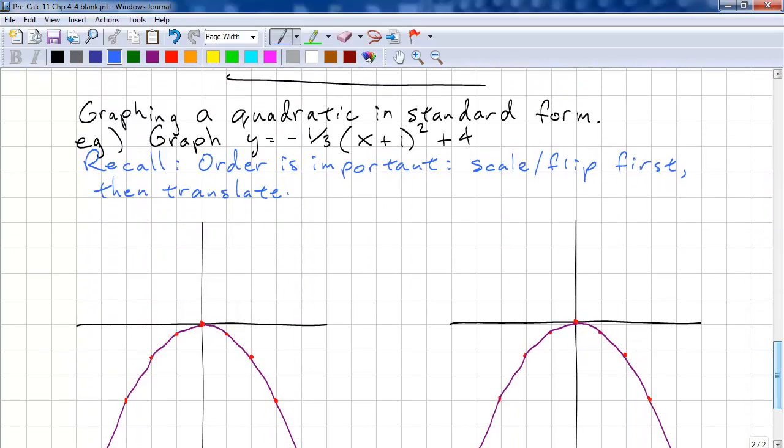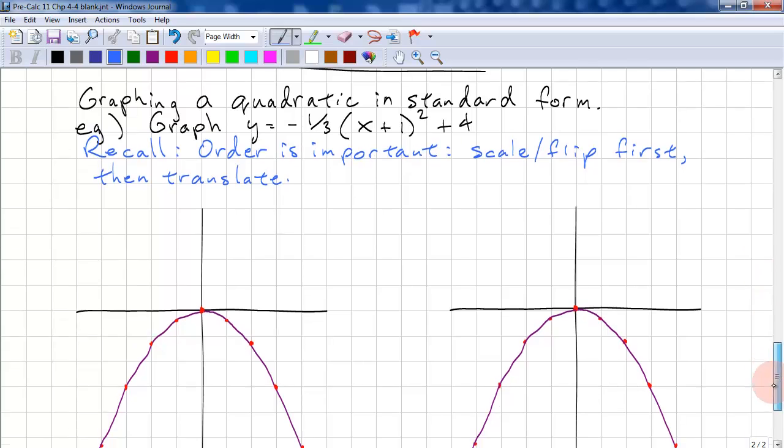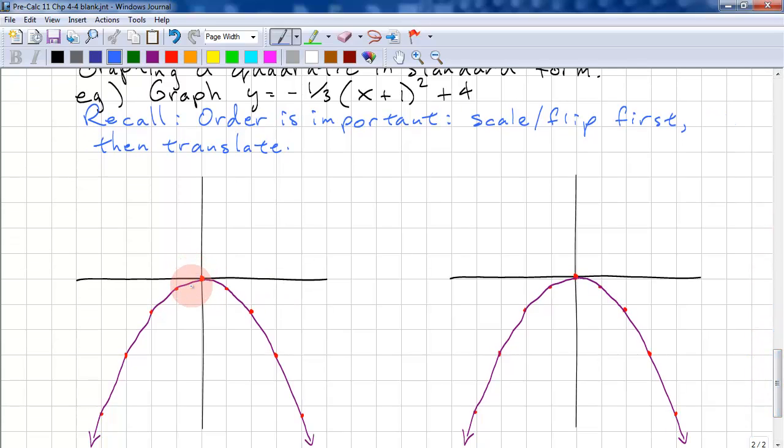So graphing a quadratic in standard form, we're going to graph this, and recall order is important. So what I've done is I've flipped and scaled this. So we have absolute value of a equals 1/3. So absolute value of negative 1/3 is 1/3.